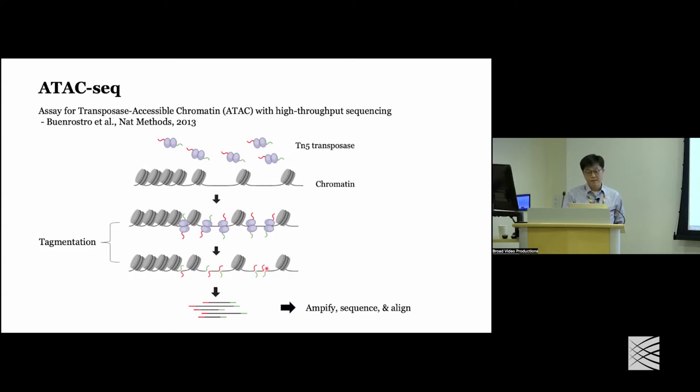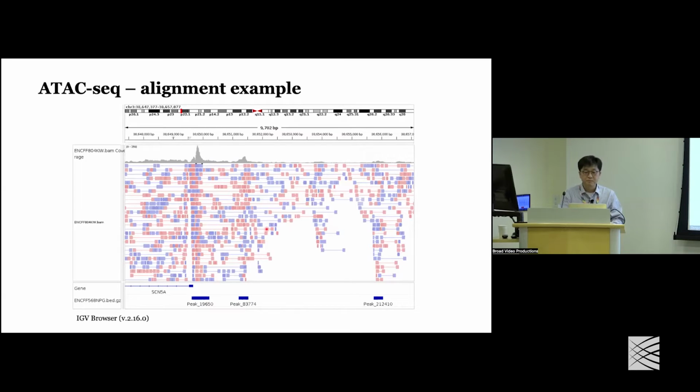It is only amplified when you have the right combination of sequencing adapters: one end has to be green, the other end has to be red. Secondly, the initial material is destroyed, meaning once it's tagmented, the portion of the DNA that contributes to that fragment is gone. So you will no longer be able to create a fragment overlapping that part. Those are the two things to keep in mind.